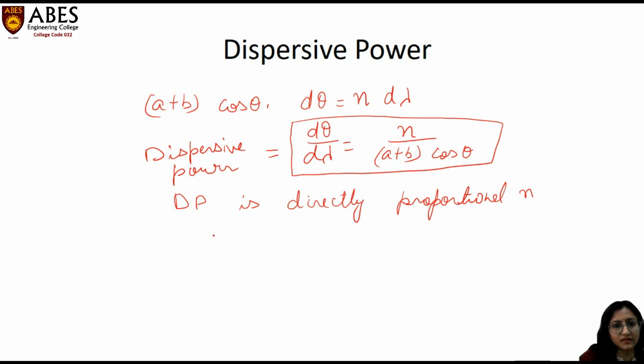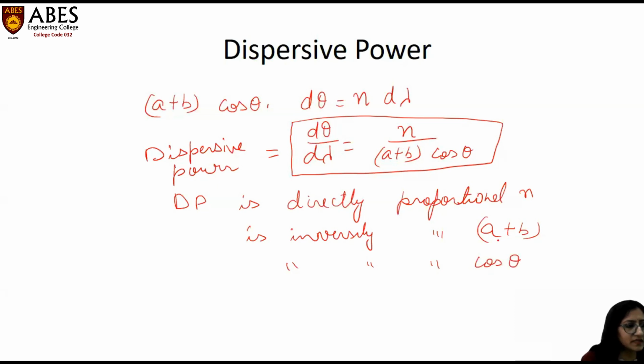Again, this dispersive power is inversely proportional to the grating element, and it is also inversely proportional to cos theta.